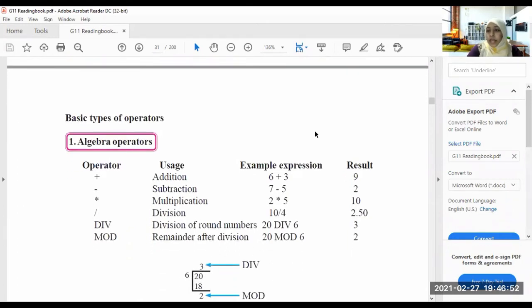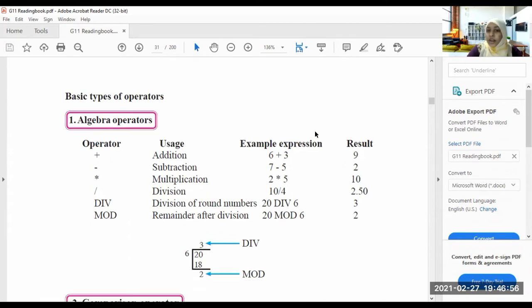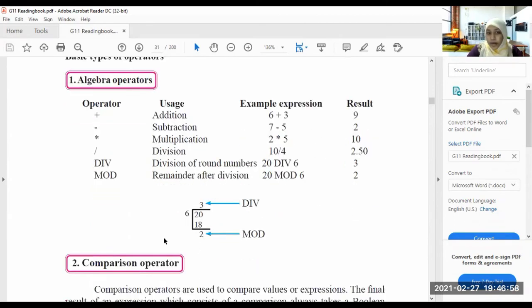As in every calculation, we are using these algebra operators. You know, right? So these are the algebra operators, and the same rule you use in mathematics is applied in programming when using these algebra operators.